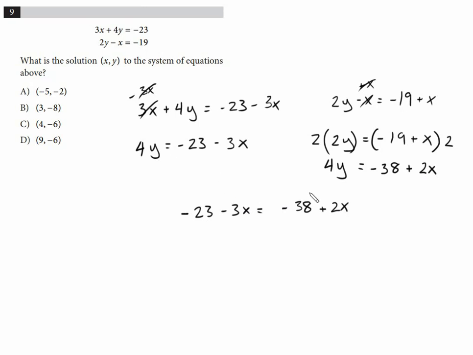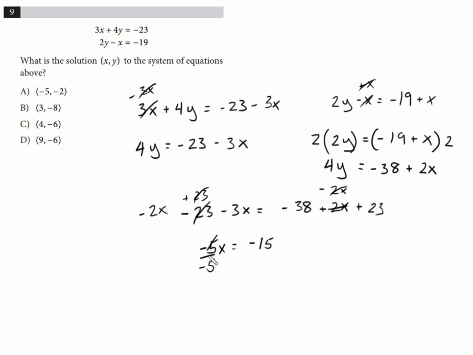So if I get all the x's on this side, minus 2x and plus 23 on this side, now we have negative 5x equals negative 38 plus 23, which is minus 15.